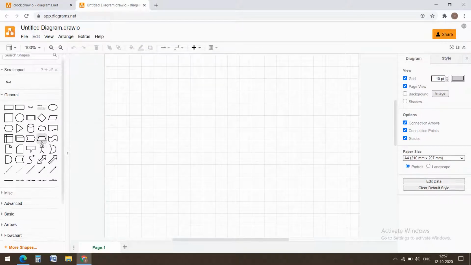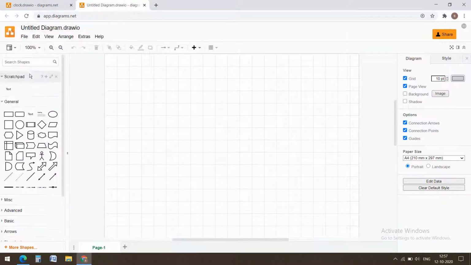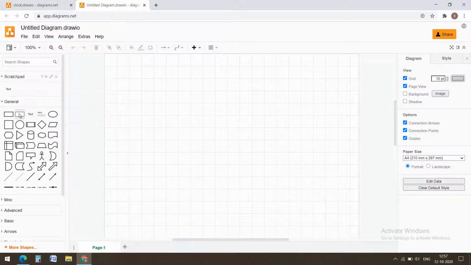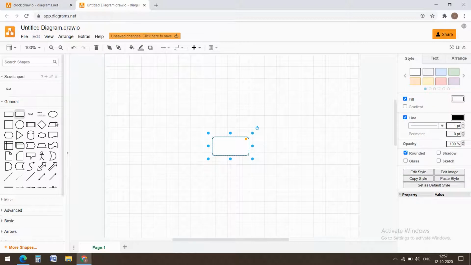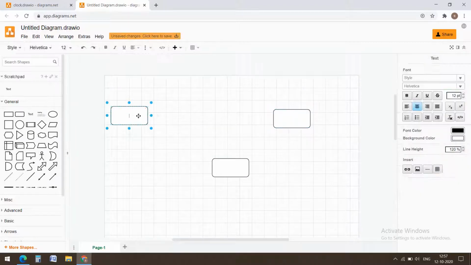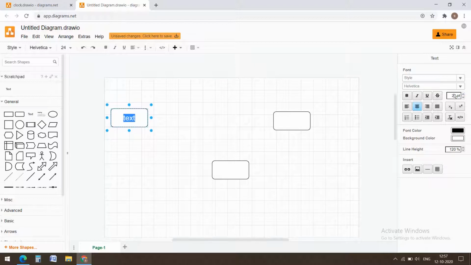This is a panel where we get all the shapes which are required for us. So here we have a lot of shapes to use. If we click on them, they will get placed at the center of the page. So we can move them like this, and by double tapping on that, we can give the text there, and we can adjust the size, bold, italic, alignment, and even styles here.